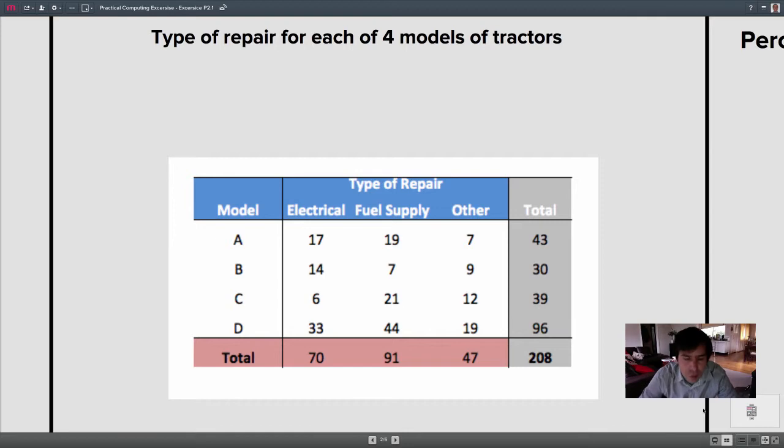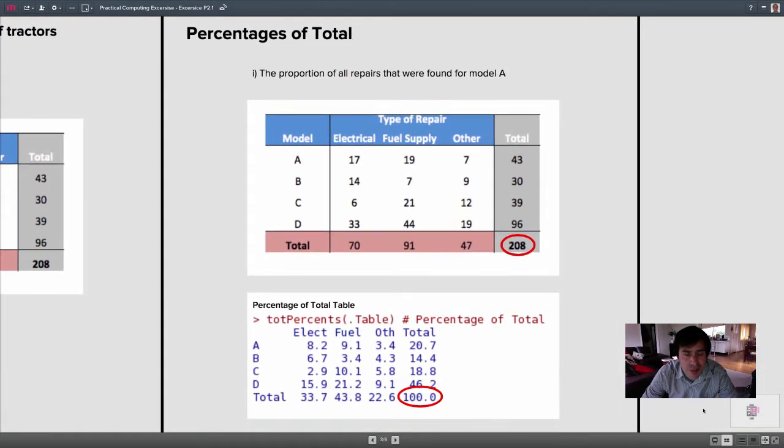Let's have a look at the first question. The first question is, what is the proportion of all repairs that were found for model A? Before answering this question, I would like you to have a look at these 2 tables. Identify 208 in my table, and then look at the table created in R, 100. It means 208 is considered as 100%.